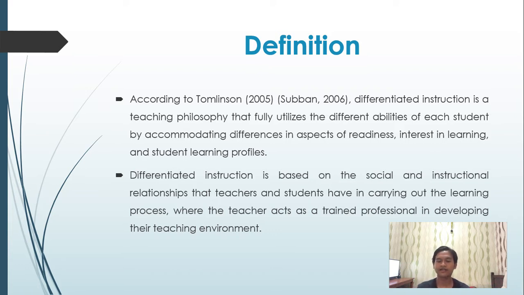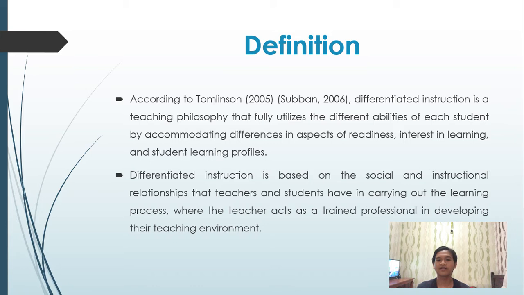So basically, differentiated instruction is about how the teacher steps in planning instruction to gradually distribute the lessons while meeting the needs of each student who is different. And the second is that differentiated instruction is based on the social instruction relationship that the teacher and students have in carrying out the learning process, where the teacher acts as a trained professional in developing their teaching environment.